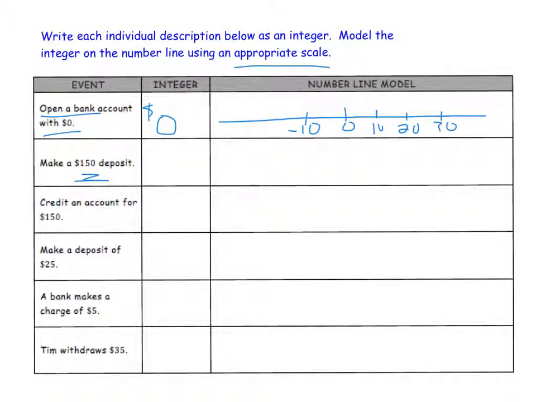And notice I have equally spaced tick marks, and I am numbering the opposites. So negative 10 and 10, negative 20 and 20, negative 30 and 30. I would like you to please see if you can do the rest of these using the number line and the integer.